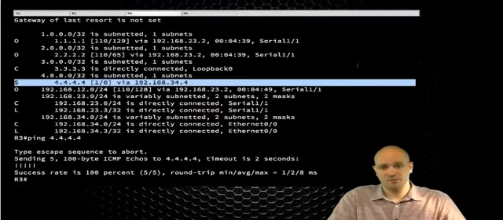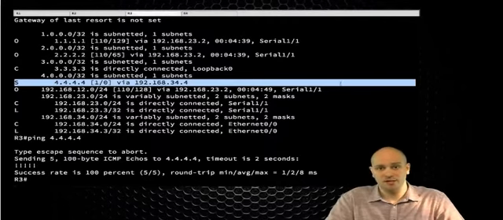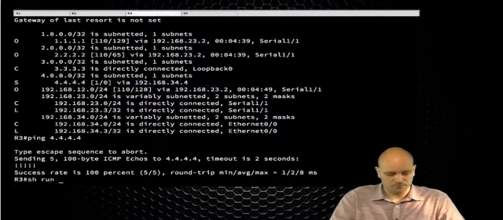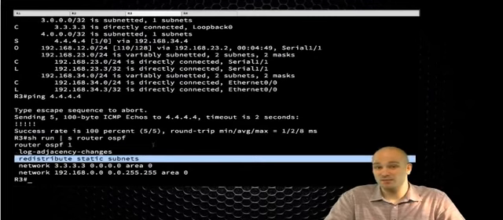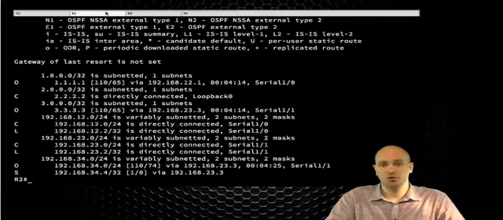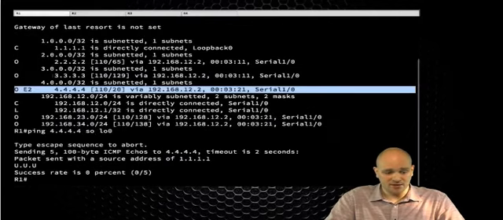So it's a natural assumption to think, okay, is R3 actually redistributing this route into OSPF? So if I take a look at show run and route for OSPF, I can see that I am redistributing static routes. So why is it then not showing up on R2 in the routing table? But it is right here in R1's routing table.